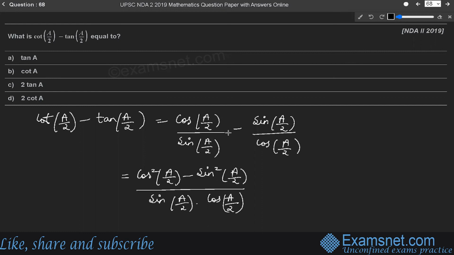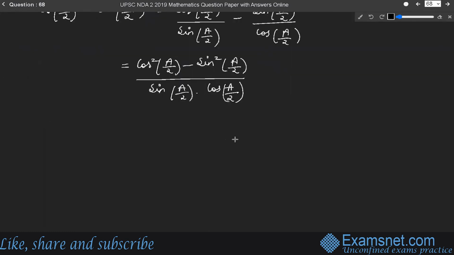We know that cos square theta minus sin square theta is equal to cos 2 theta. So the numerator will be cos A divided by sin A by 2 into cos A by 2. Again, we know that sin 2 theta is equal to 2 sin theta into cos theta.